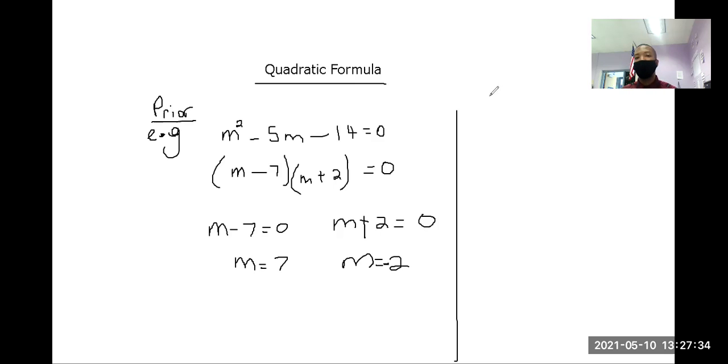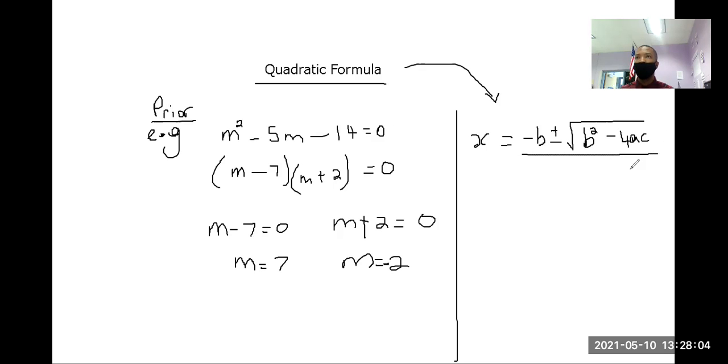The quadratic formula states, I'm going to put it over here, x, or in this instance, m, whatever the variable is, but the general formula states x is equal to negative b plus or minus the square root of b squared minus 4ac, all divided by 2a.